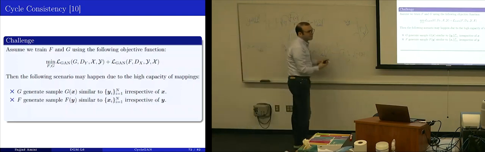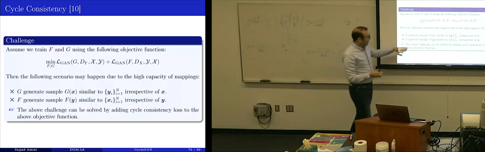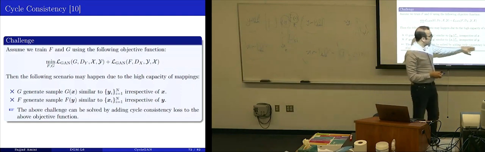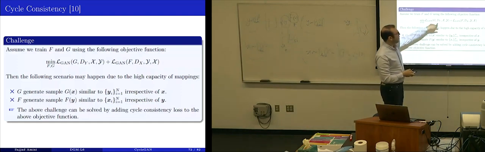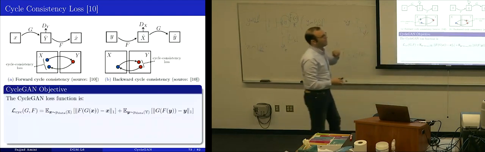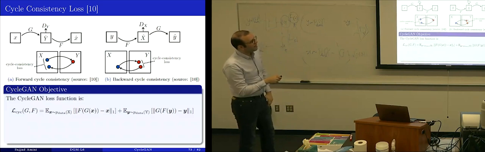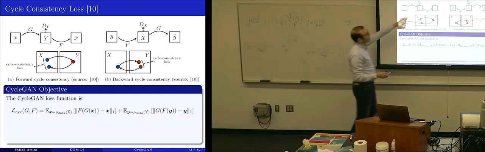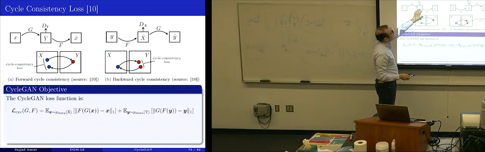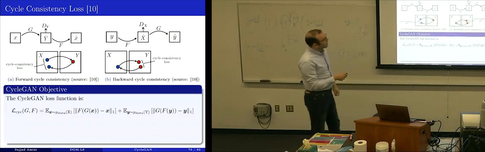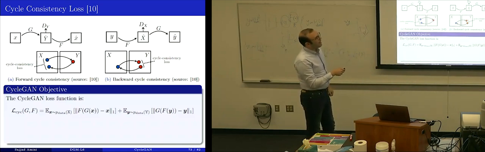And also G. Now, you add a cycle consistency loss to this loss function. And what is that loss? That loss says that if you transfer x using G to the distribution y, it means that y hat is coming from the same distribution as p data of y. Then if you invert your transformation using F, you have x hat.